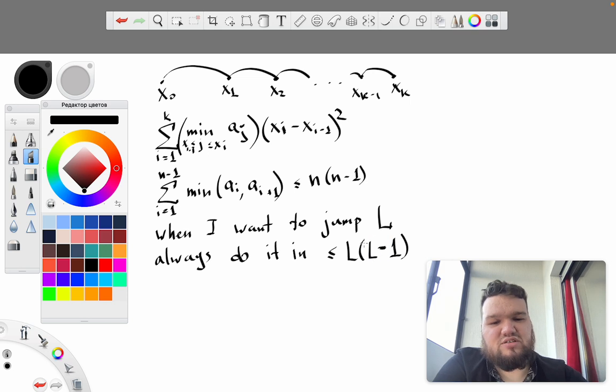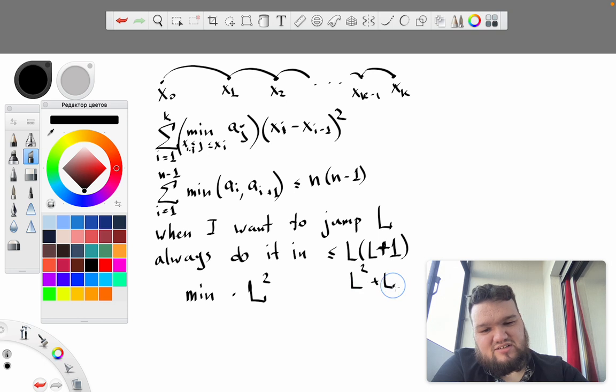Here I'm jumping on n minus 1, so it's L times L plus 1. Okay, cool. But if I'm doing this jump right away, then I will pay minimum times L squared, which is a lot. So this is L squared plus L.